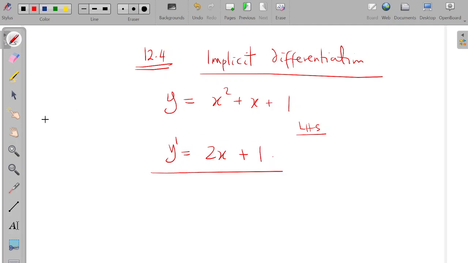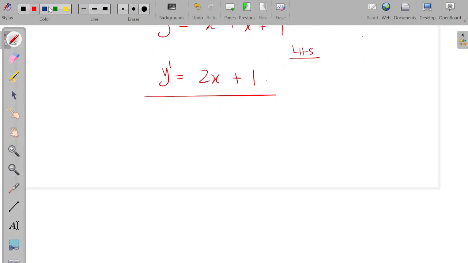Okay, but sometimes the equation given to us is not explicit. So for example, you have an equation like this: xy squared equals y plus x squared plus y. Now, here you cannot get y explicitly.